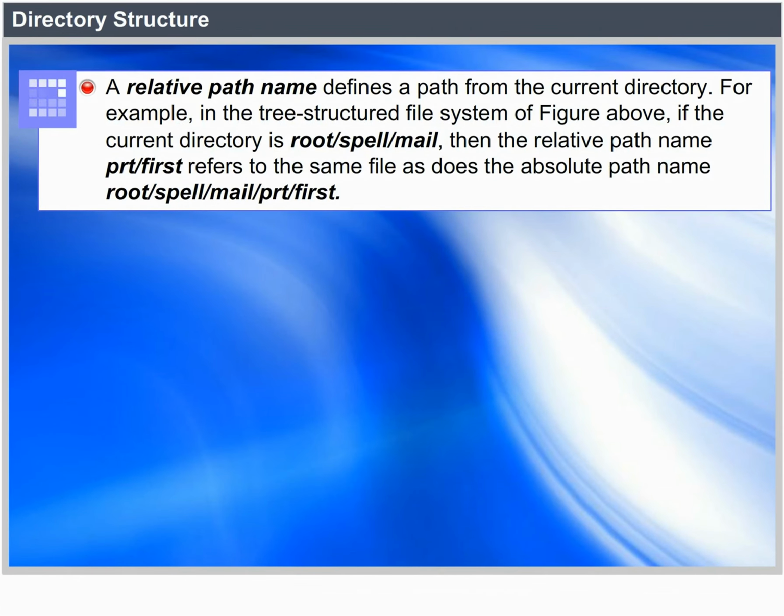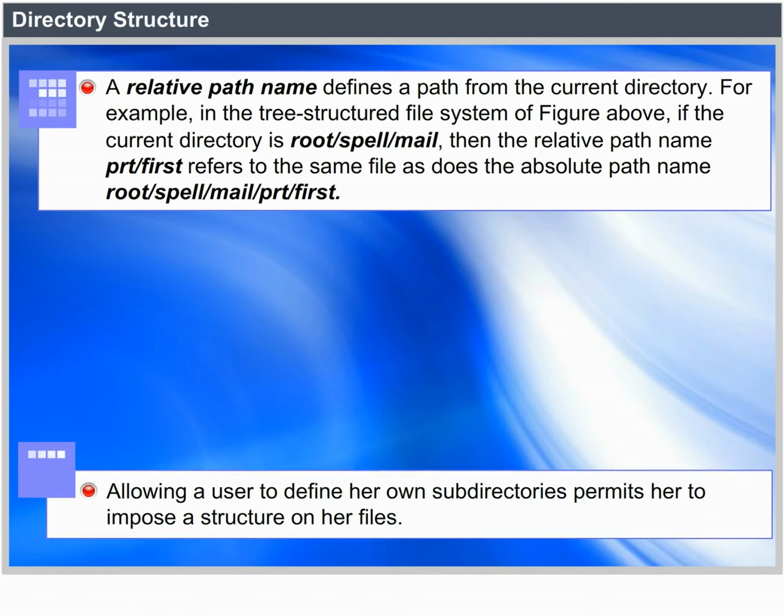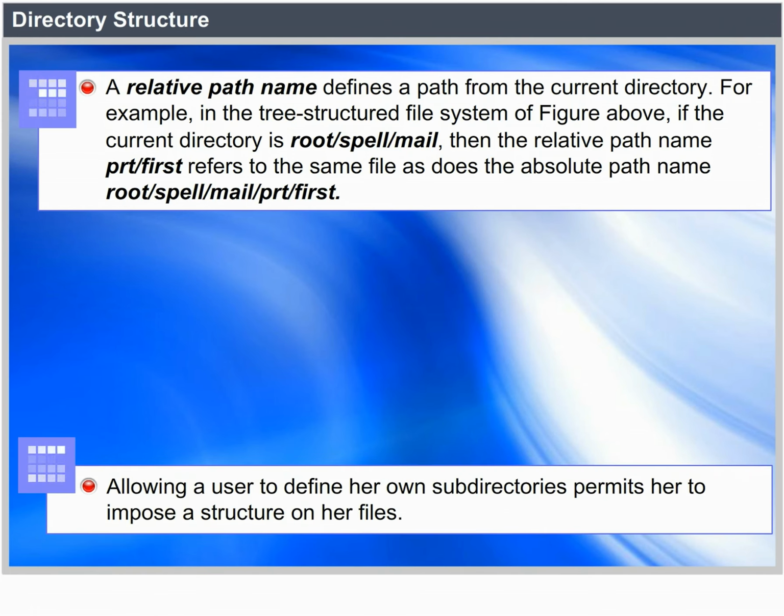For example, in the tree-structured file system in the figure above, if the current directory is root/spell/mail, then the relative path name prt/first refers to the same file as does the absolute path name root/spell/mail/prt/first.